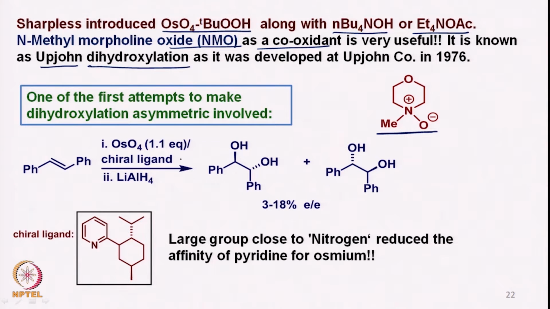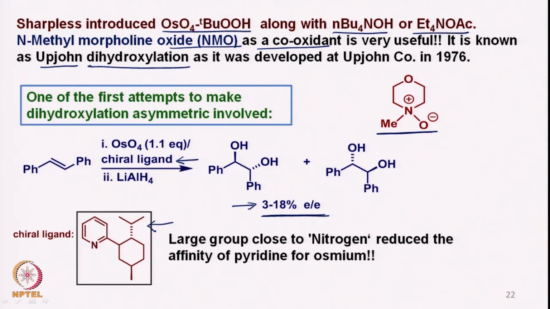Considering that, a chiral ligand, which is pyridine based, was used for the first time, and it was found that there was eventually an asymmetric induction, and that gave the optically active molecules in 3 to 18% enantiomeric purity.